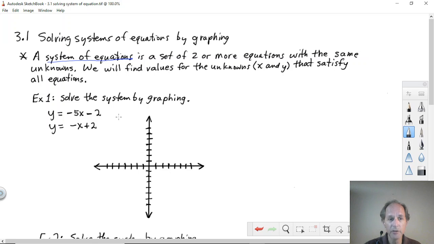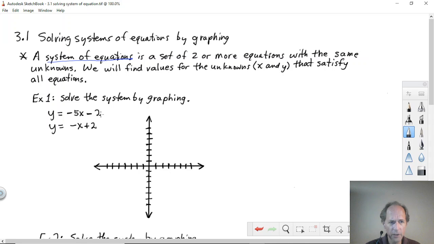That one point where the lines intersect gives the ordered pair, the values for x and y, that satisfy both equations because it's on both lines. So let's look at that.